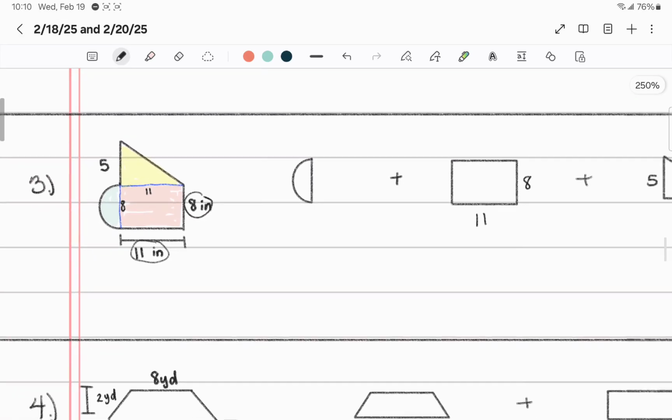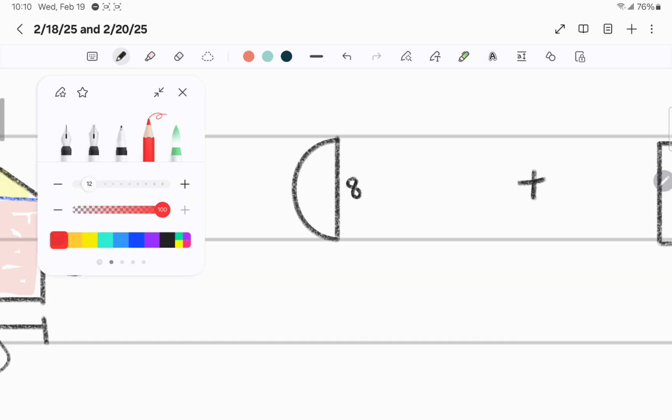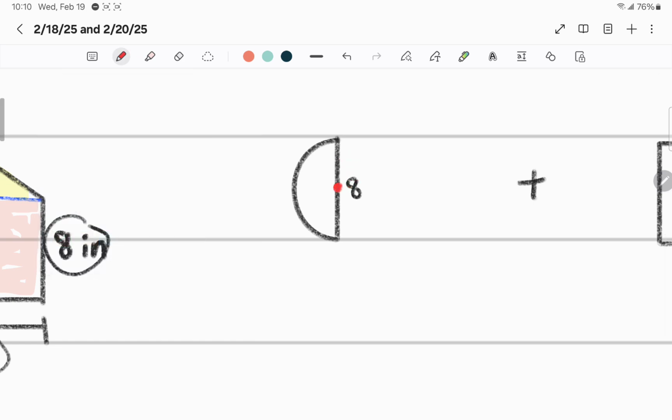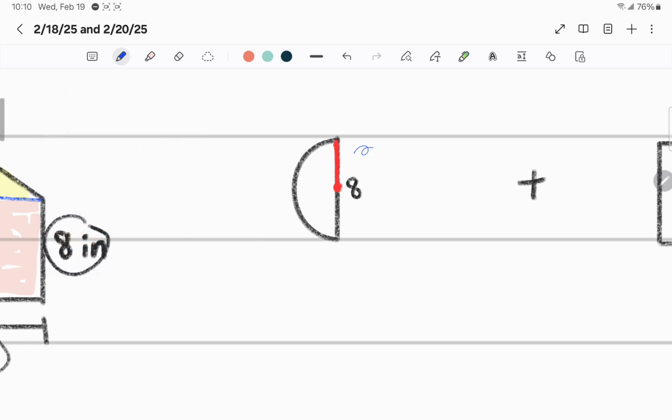So for my semicircle right here, it is 8, but remember our radius is only half of 8. Half of 8.